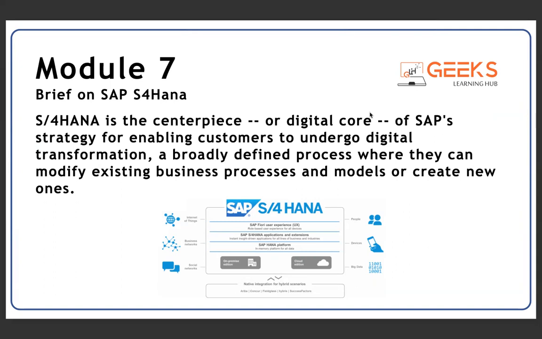But the S/4HANA suite is going to be used because it can integrate with different types of source systems and target systems. It can be used for reporting purposes. It can be used for any type of user interface design using the SAP Fiori UX concepts. It can be used for different types of applications with their extensions. So you can tell this S/4HANA is like an entire ecosystem.